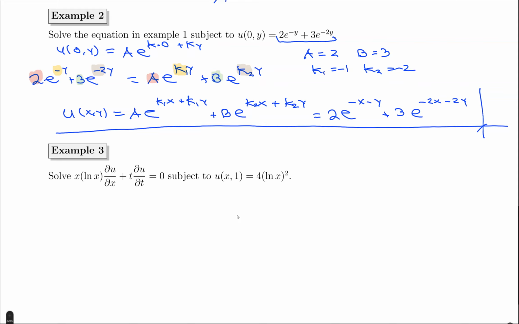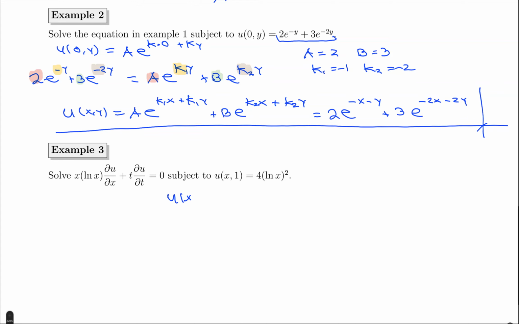So number one, again, we're going to assume a solution of the form u(x, y) equals, oh wait, not x, y. In this case, we have t, right? So u is a function of x times a function of t, right? And let's take the necessary partial derivatives as required.